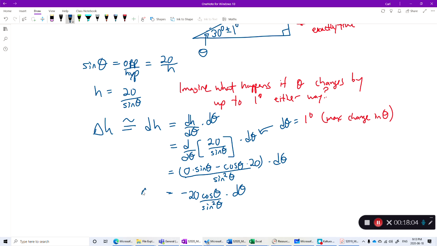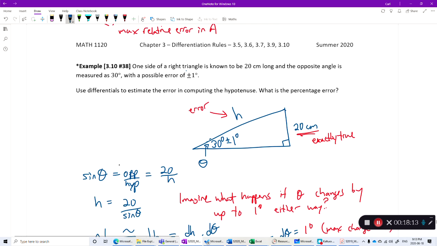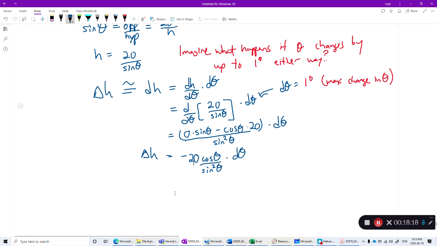So the change in h is approximately this expression. And the question was, estimate the error. So what we want is the absolute error here. That's approximately equal to.